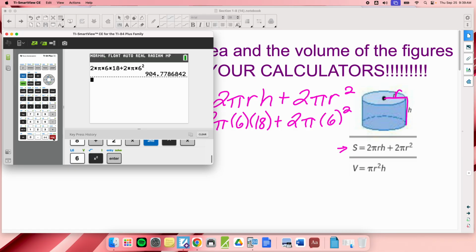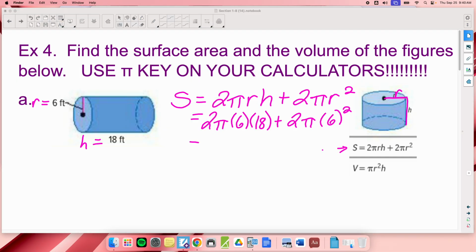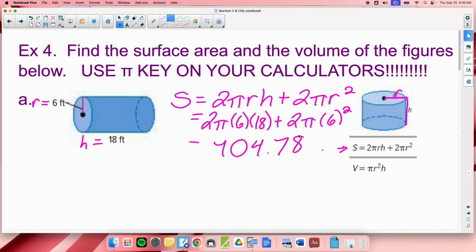Did you get 904 point? Yeah. And what would that round to? 78, right? 904.78. And that would be, if this is area, you guys, what units would that be? Feet squared, very good.